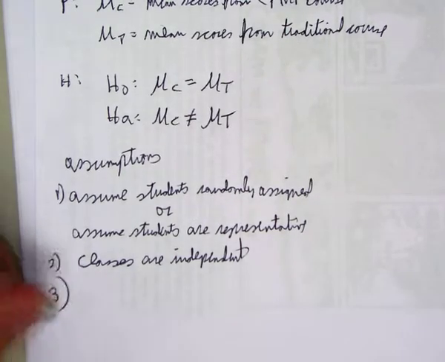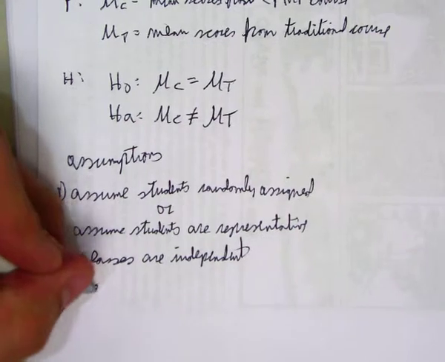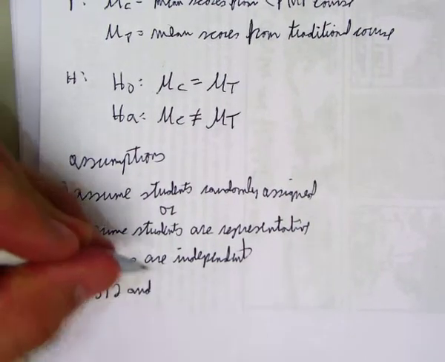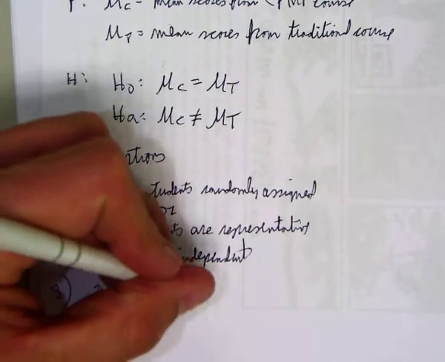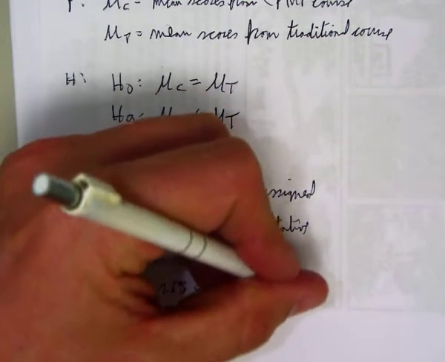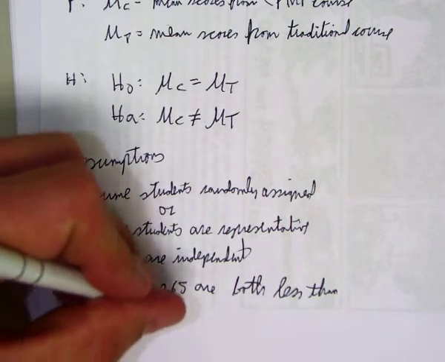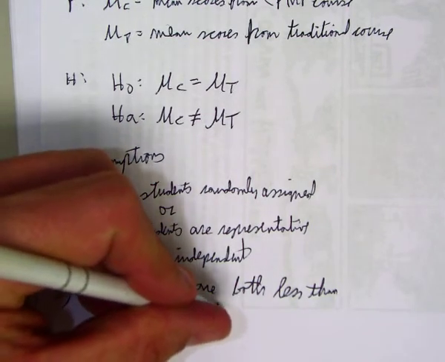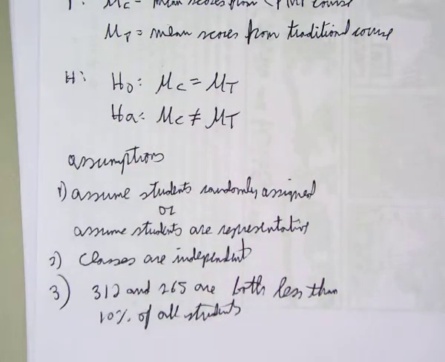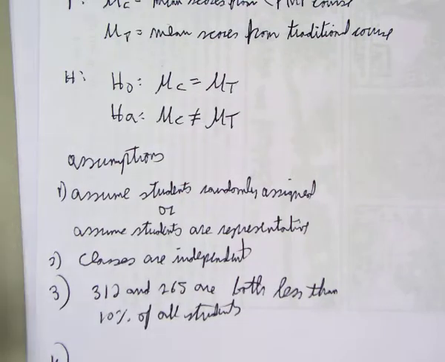And then we have the two samples, 312 and 265, which are both less than 10% of all students. And then we have the normal condition. So again, central limit theorem.